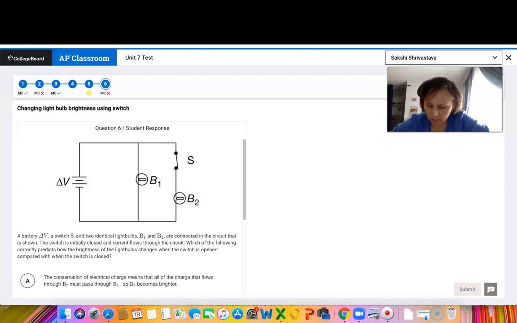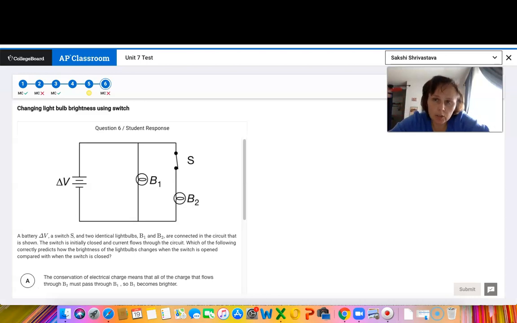The current goes through B1 only, and the brightness is current times V, where current is V over R, so I get V squared over R, which is half of the previous power.